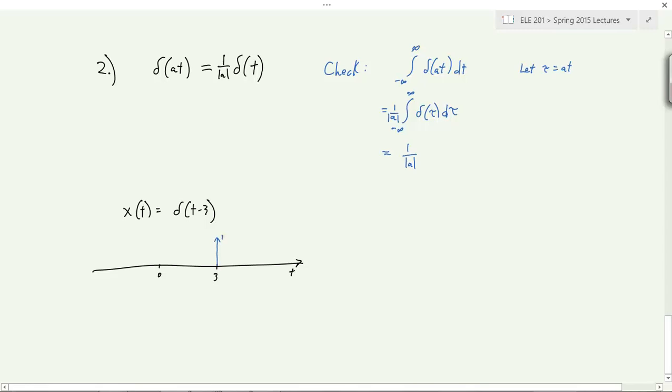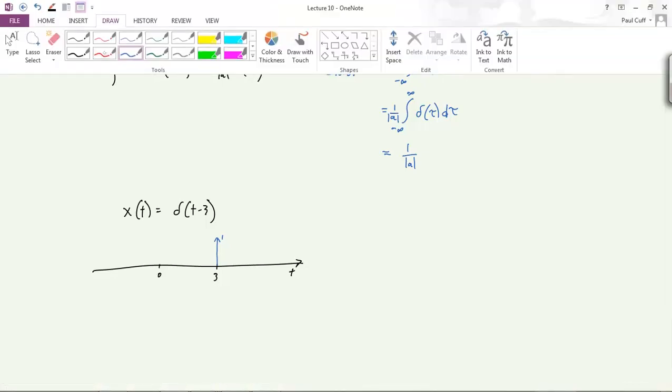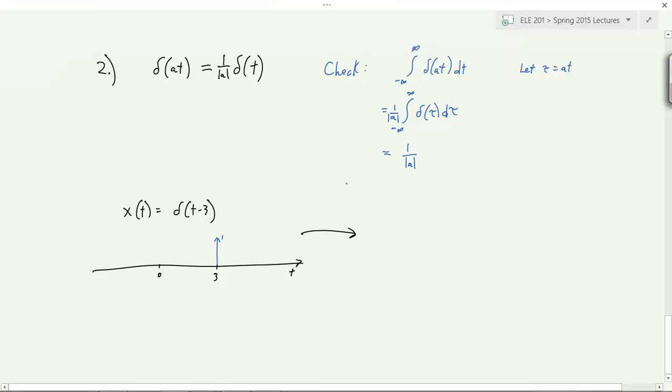And now if we do a time scaling on this, let's look at x of, say, 3t. Well, we know time scalings are going to shrink the horizontal axis.